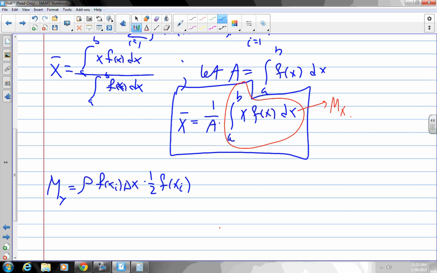If I rearrange it a little bit, it's 1/2 rho f of x sub i squared delta x. And then again, we'll just add them together.